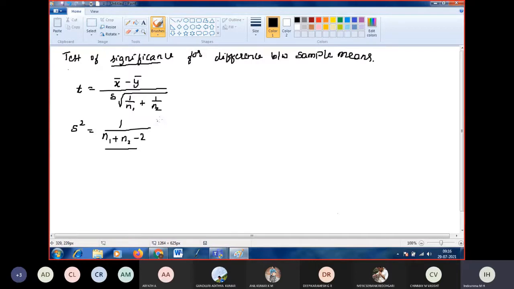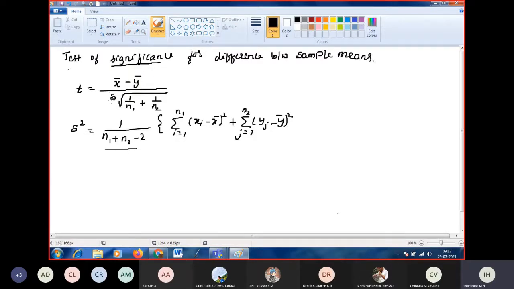Into summation i from 1 to n1 xi minus x bar whole square, the difference in the mean we are considering, plus summation j from 1 to n2, this is for the second sample, yj minus y bar whole square. This is the formula we are using to find s square. If you take the square root of the solution for s square, it will be s.